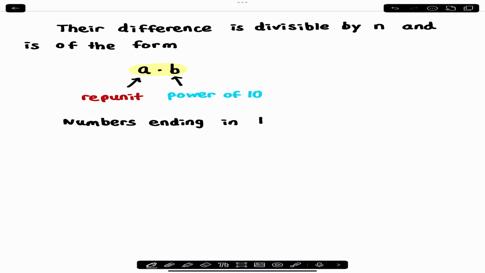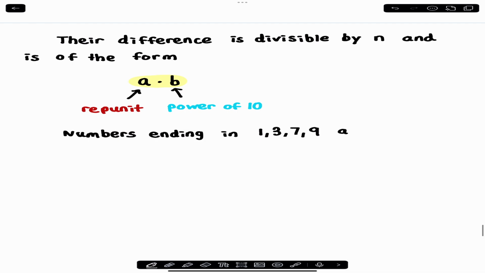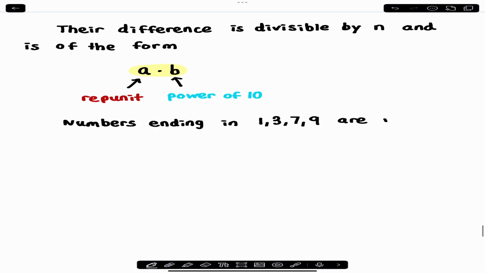So numbers ending in 1, 3, 7, and 9 are all relatively prime to 10, so their GCD is 1.